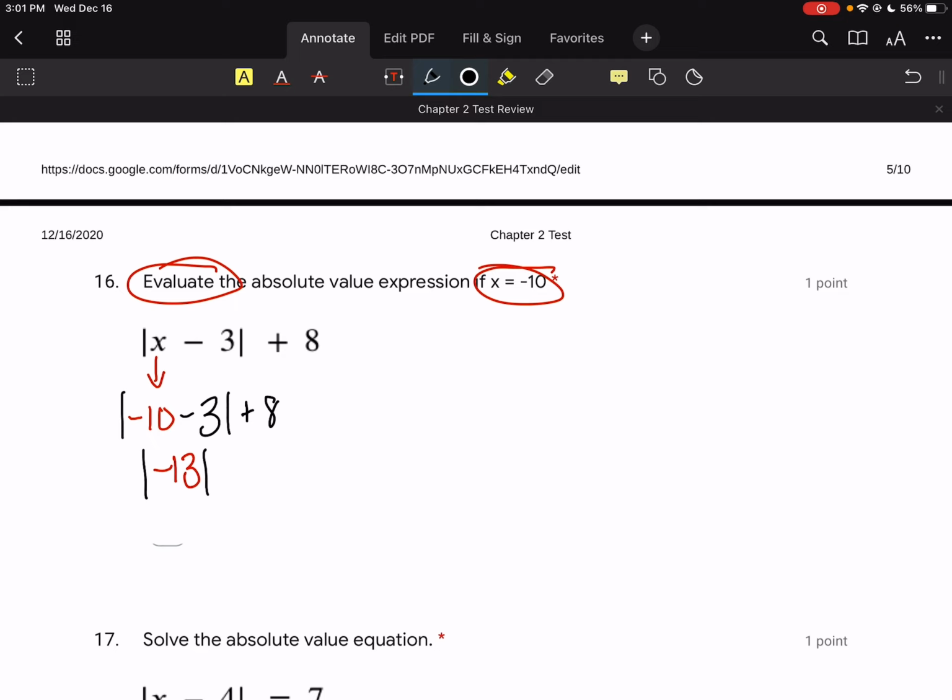We have to get a single value on the inside before we can actually take the absolute value. So this is not changing to positive 10 plus 3. So then the absolute value of negative 13 is going to be 13 plus 8. And 13 plus 8 is equal to 21. So 21 would be our final answer here.